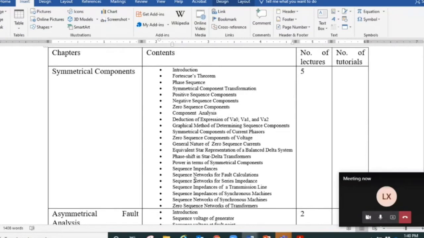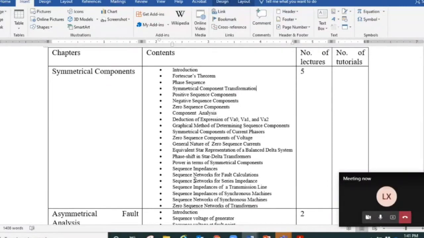And before today, you always have dealt with or come across the current, voltage, and impedance or resistance. When we talk about current, it's current. When we talk about voltage, it's voltage. But from now on, it will be positive sequence current, negative sequence current, zero sequence current.